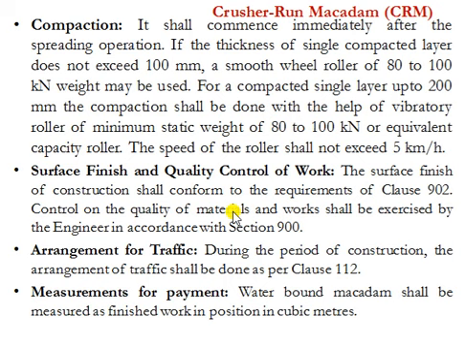The surface finish should conform to the requirements of clause 902 of the MORTH specification, and the quality control of materials used in the construction of a pavement should conform to section 900 of the MORTH specification or as per the specification of the engineer.